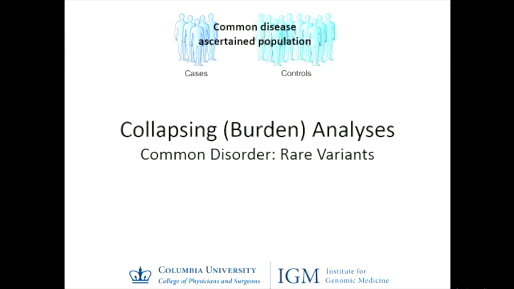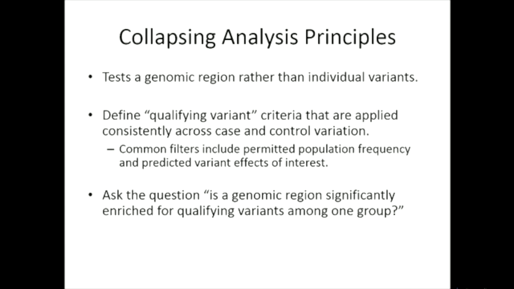And one of the ways that we do these analyses is by collapsing analyses, where we now ask, for a genomic region, rather than a specific variant, do we see more qualifying variants in a case or control population than the other? And so we can define qualifying variants using certain criteria, the most frequent one being population frequency.